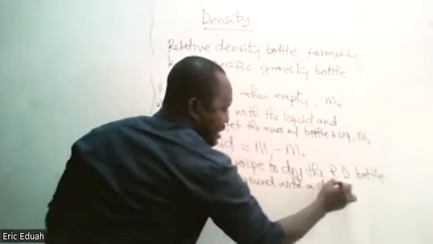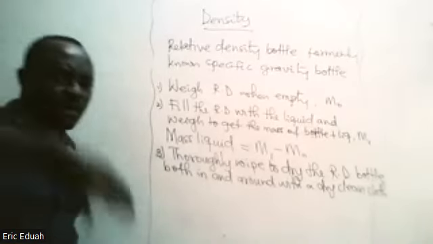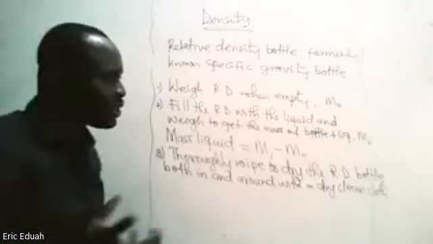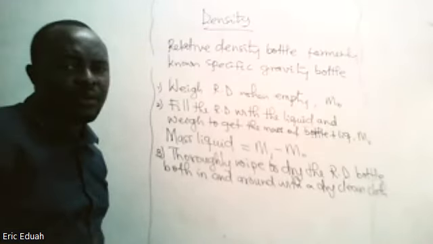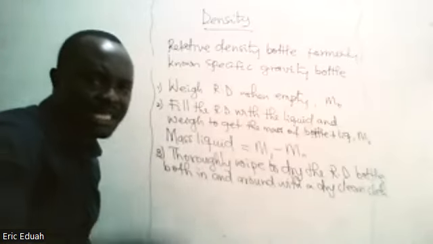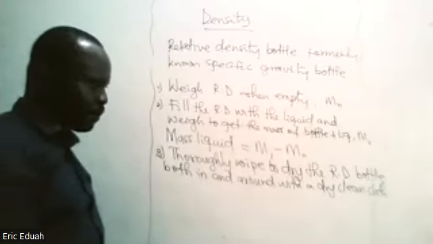So after pouring out the liquid, you wipe in and around the RD bottle with a clean cloth, just to ensure that there is no residue of the liquid left, especially inside the RD bottle.